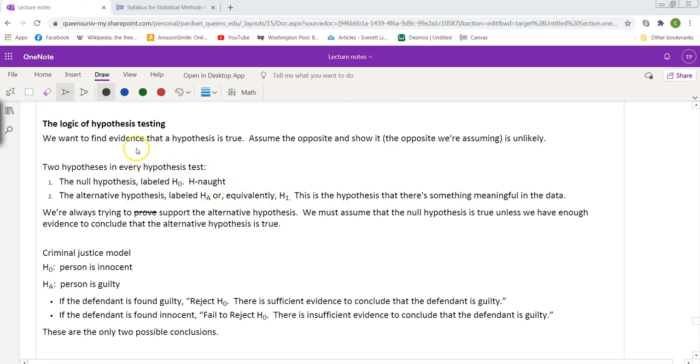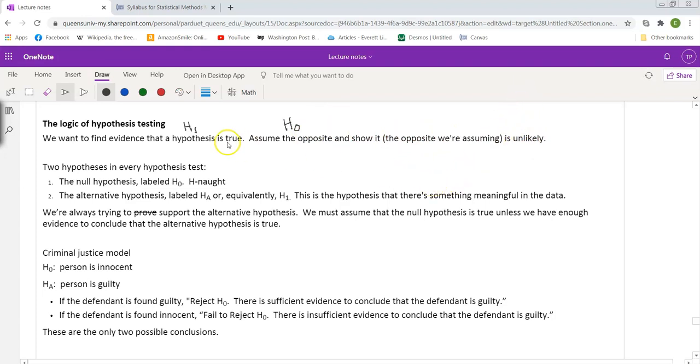So when I said that we want to find evidence that a hypothesis is true, that's the alternative hypothesis. Okay, so we want to find evidence that the alternative hypothesis is true. So we're going to assume the opposite and show that that is unlikely.